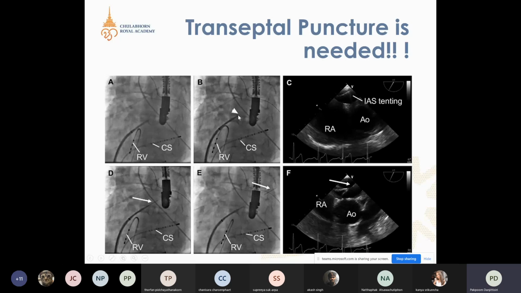Okay, that means the doctor can make sure that area is correct and is ready to puncture the septum.